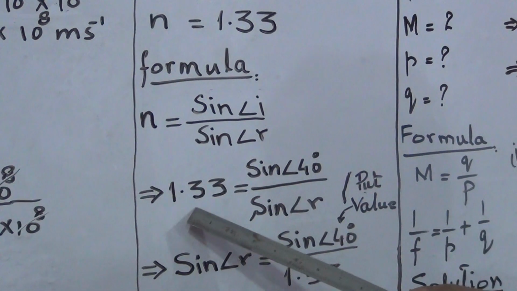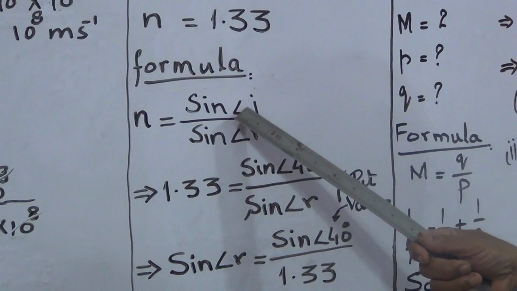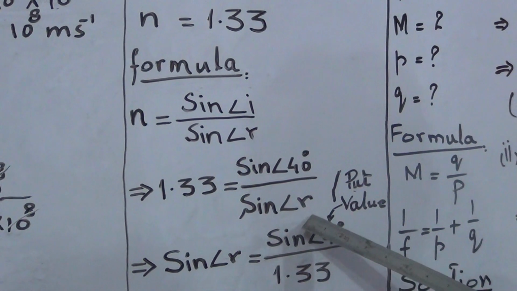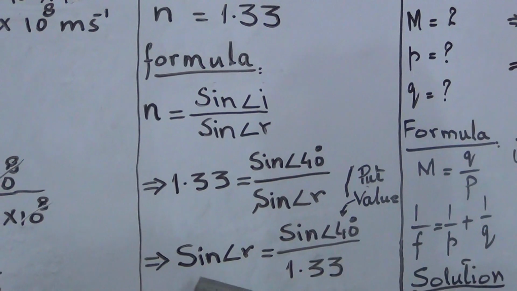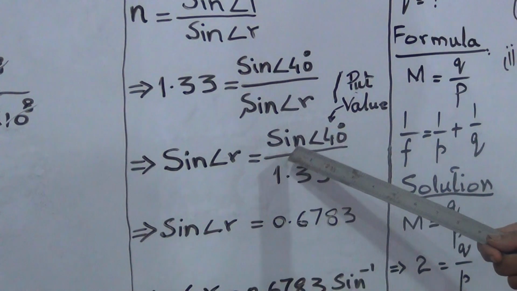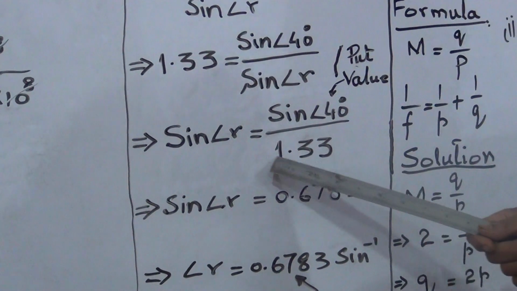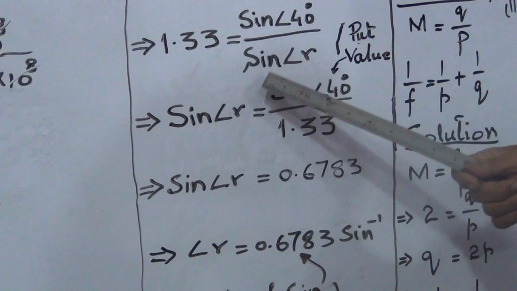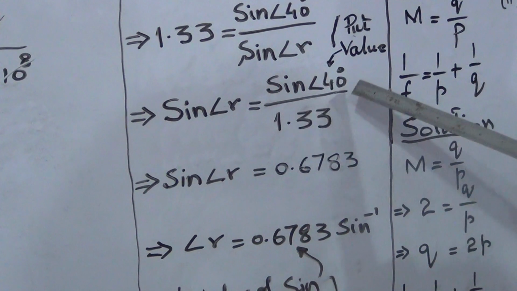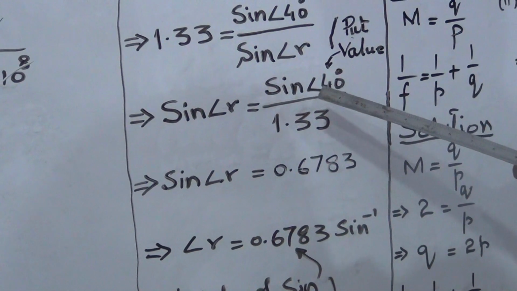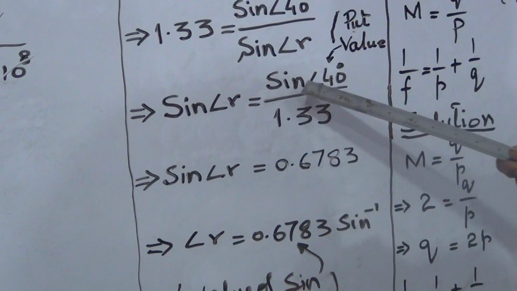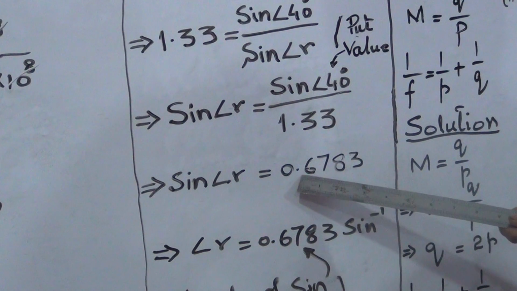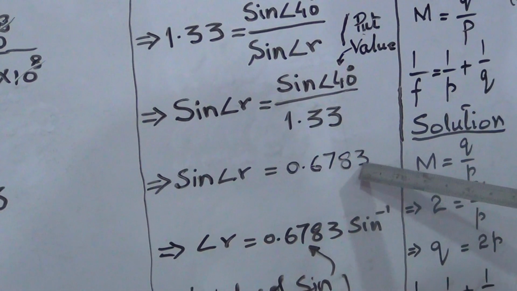n is equal to 1.33 and angle I is 40 degree, so sine angle R you have to find out. Now sine angle R is equal to sine 40 degree upon 1.33. You have to find the value of sine 40 degree in the log table or with the scientific calculator. That value is 0.6783.